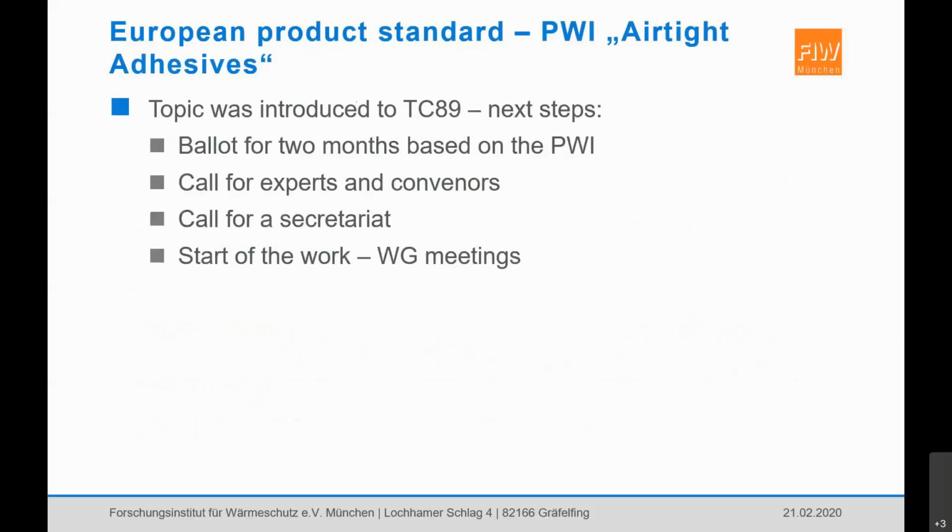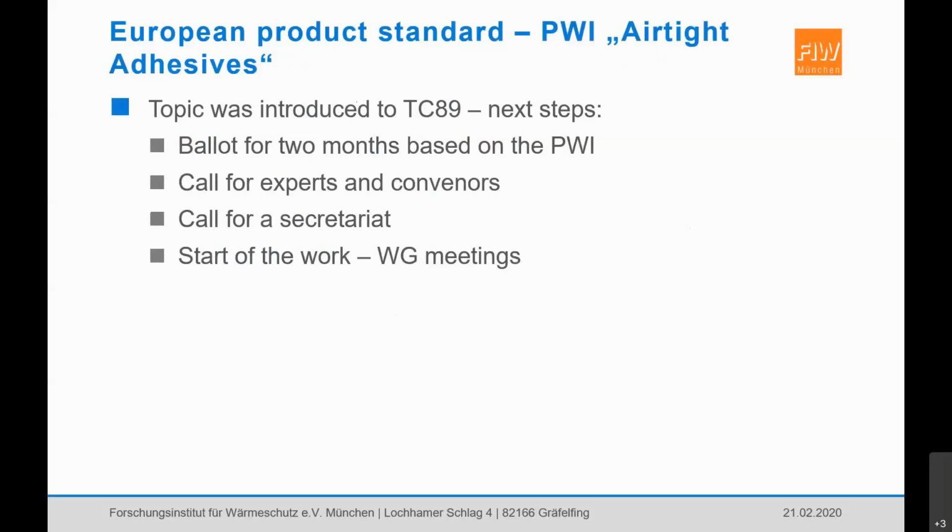Last two slides. What are the next steps? Up to now, we have introduced the topic to TC89. In principle, the TC is willing to support our topic. Next steps are shown on the slide. We have already prepared the preliminary work item description.